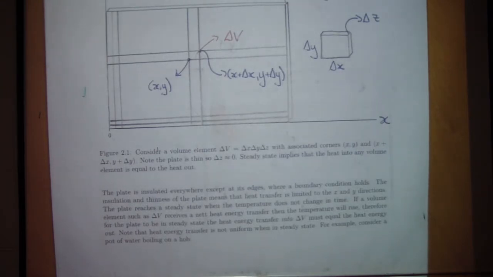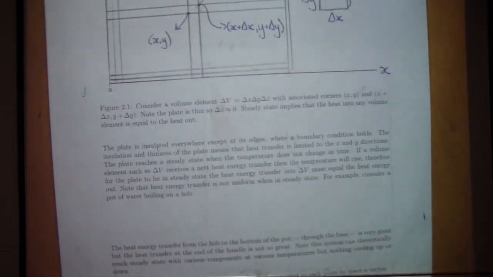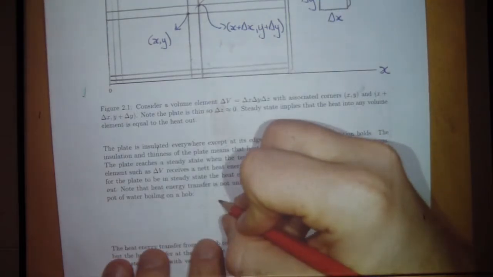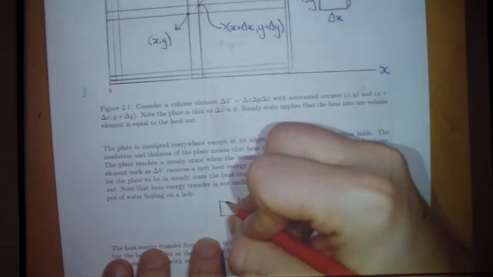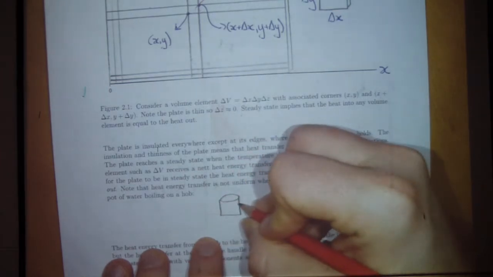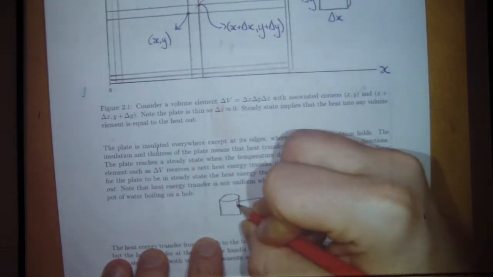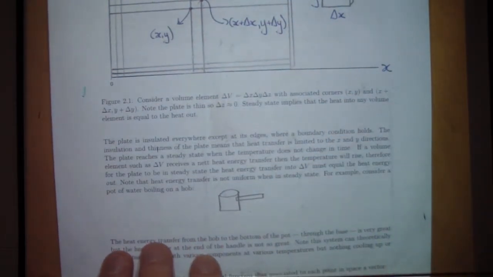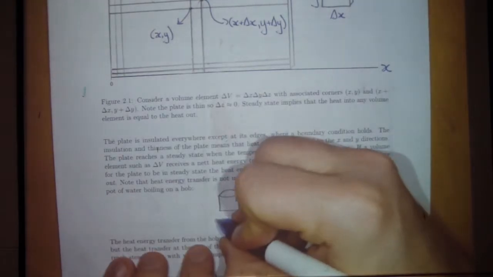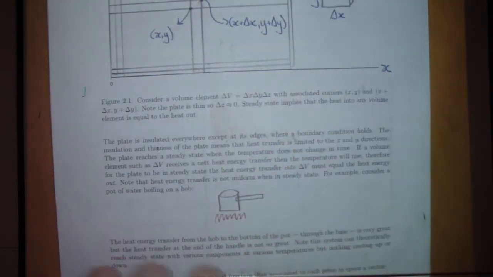Okay, imagine a pot of water boiling on a hob. I'm not a very good artist, sorry. That's a pot of water. Okay, well, it's supposed to be, God save me now trying to draw fire. Fire! Right, that's fire.